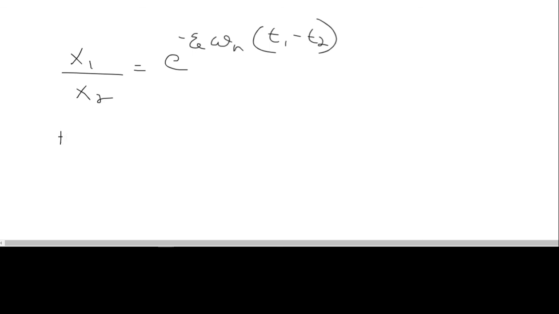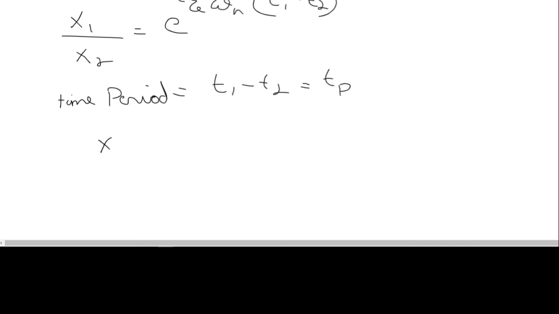We know the time period is t1 minus t2, so we can call it Tp. So we will get x1 by x2 equal to e to the power of negative epsilon omega n Tp.